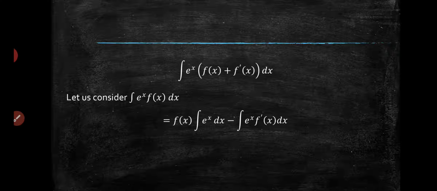Fx is the first function, so derivative of fx is f dash x, and e to the power x integrated remains e to the power x. So in the next step we have e to the power x fx minus integration e to the power x f dash x dx.